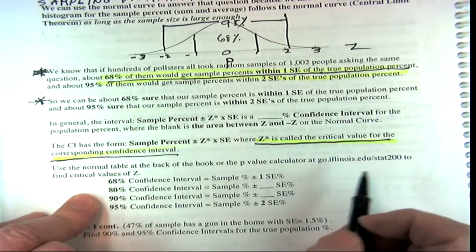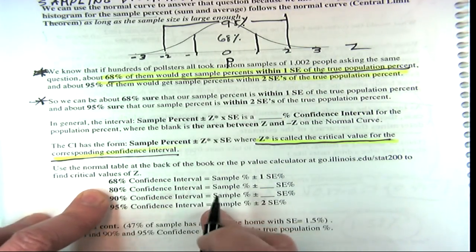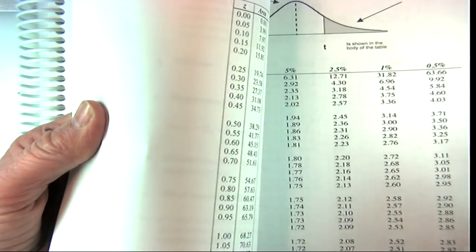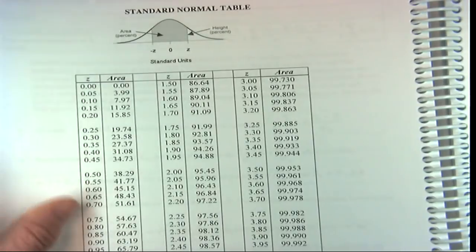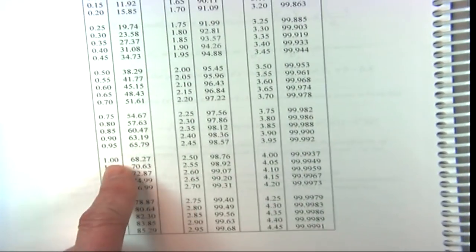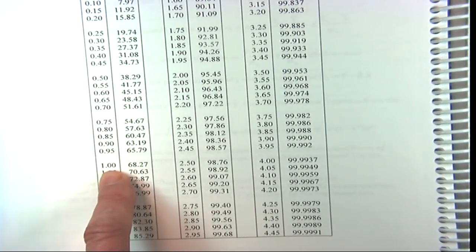So we're going to use the normal table to find critical values of z. All right, so a 68% confidence interval, I'm getting it from this normal curve here. Okay, so I looked at 68%, and I'm estimating. It's not exactly 1, right?